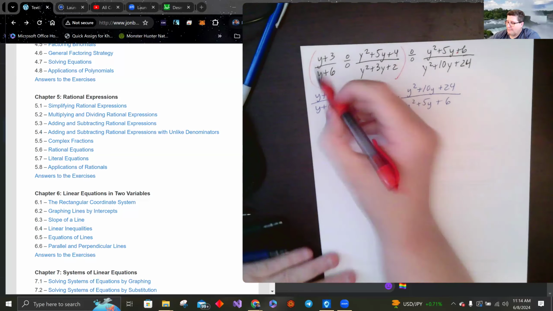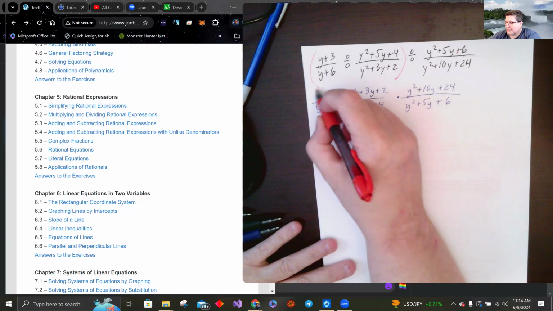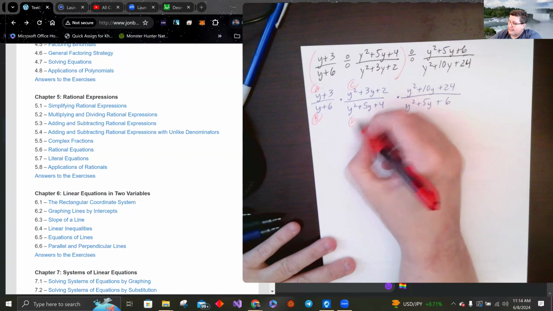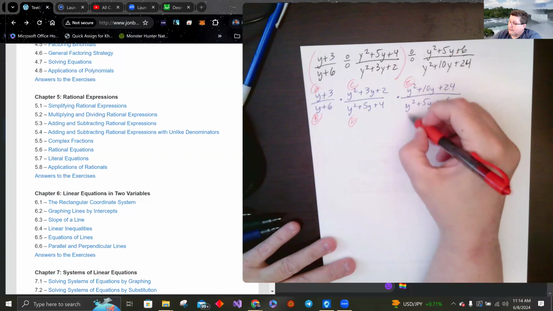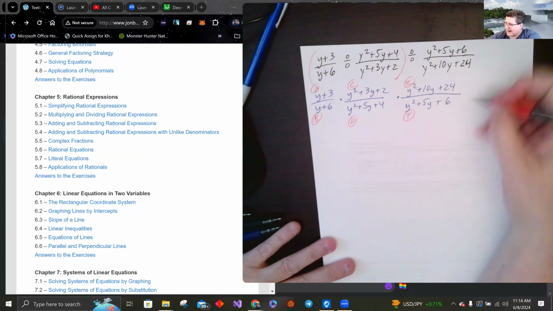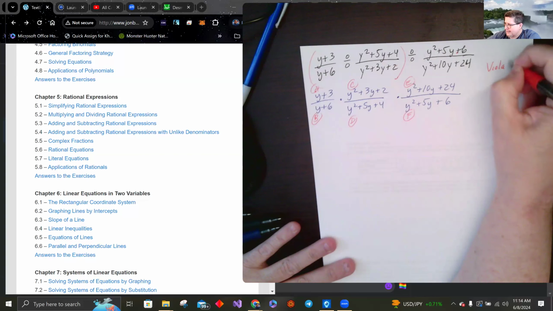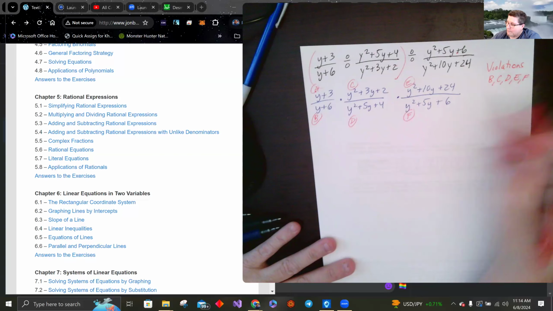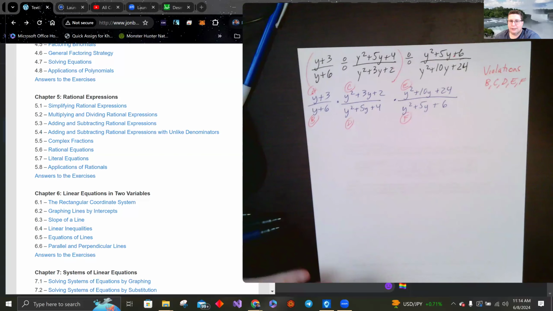And we'll label them A, B, C. Now, this is A, this is B, but they're already factored. C, D, E, and F. Our violations will come from B, C, D, E, and F because they were all in the denominator at some point.